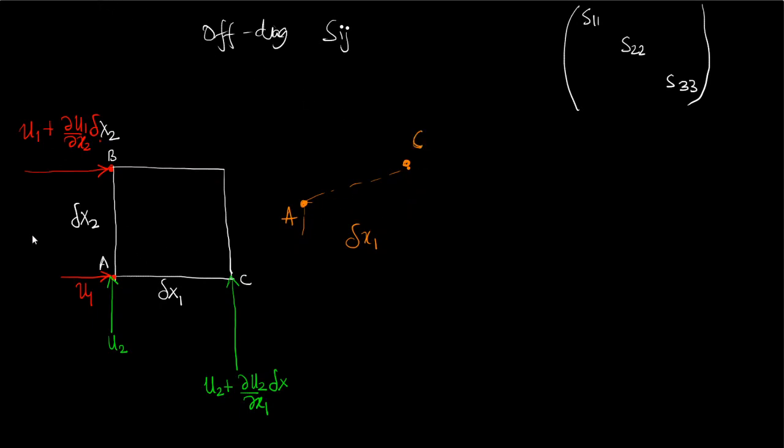Because this entire cube is now facing a net velocity towards the right. So it means that point B will move further in the x direction than point A also. But the distance between points A and B in the y direction is still going to be delta x2. So point B will be somewhere over here, and the element will look something like this.